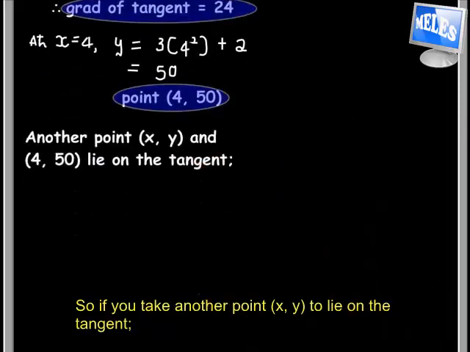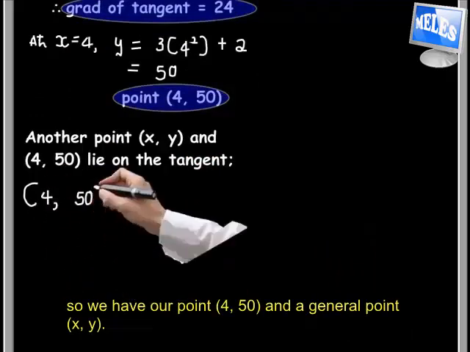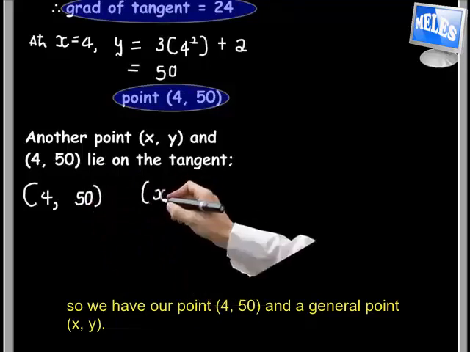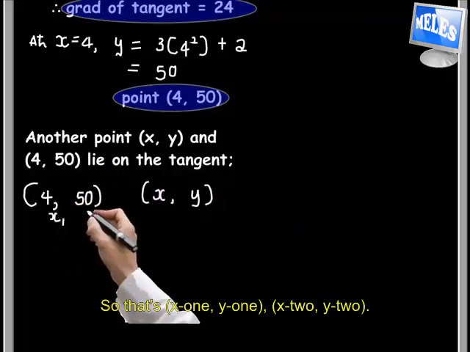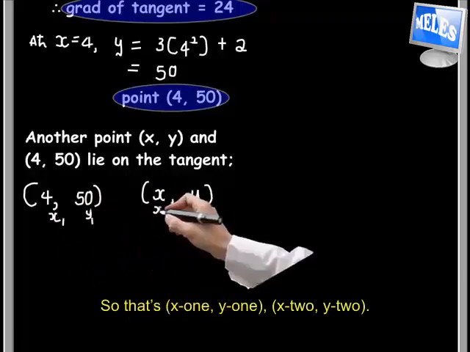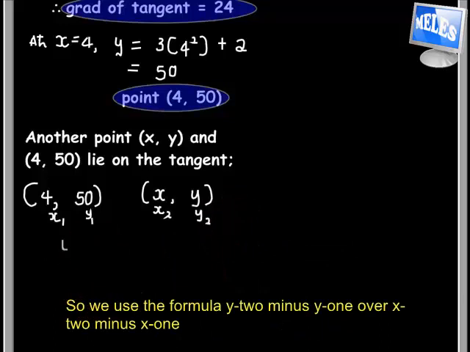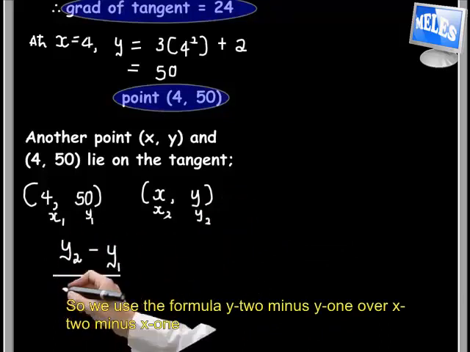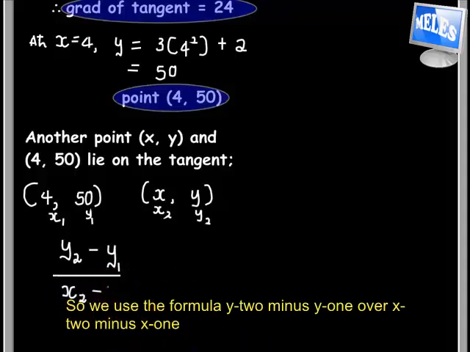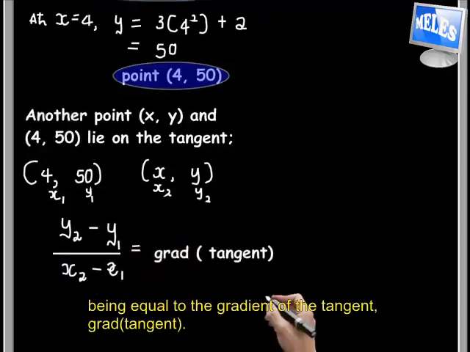So if you take another point (x, y) to lie on the tangent, we have our point (4, 50) and the general point (x, y). So that's (x1, y1), (x2, y2). We use the formula (y2 minus y1) over (x2 minus x1) equals the gradient of the tangent.